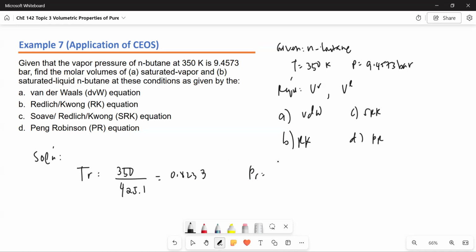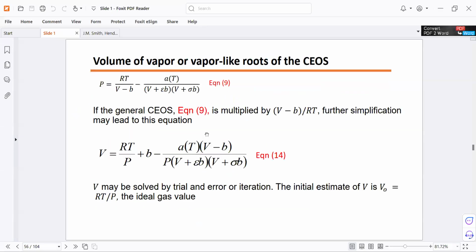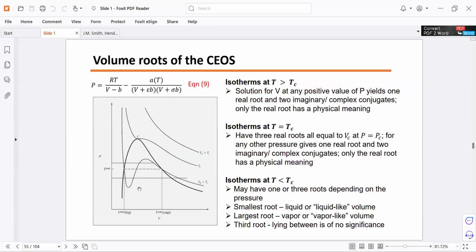And then for the reduced pressure, it's 9.4573 divided by 37.96. So that's 0.2491. As you can see, let me go back to the slide. The temperature, the isotherm, is below the critical temperature. So that's why we're being asked. And the pressure, yes, is also below. And we're being asked for the vapor and liquid-like volume.